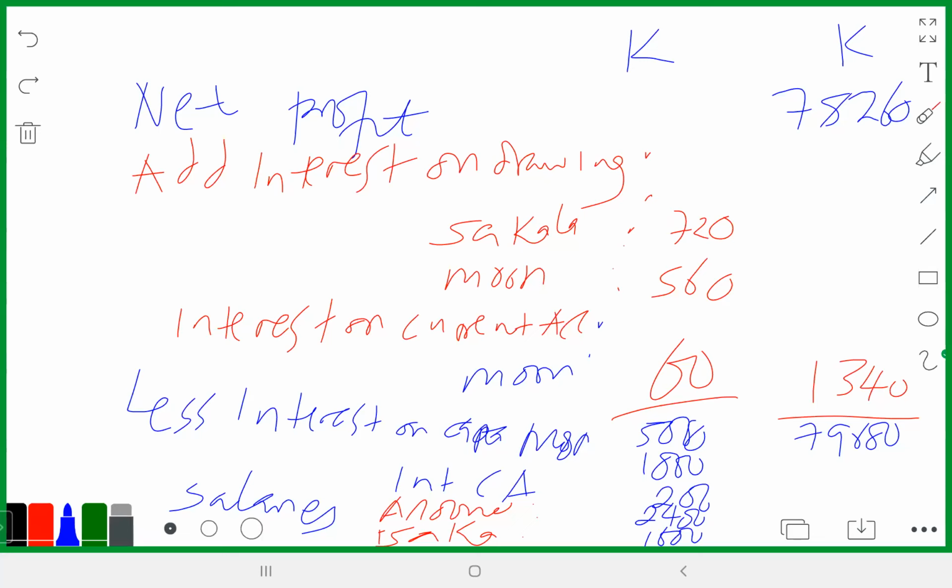Interest on capital has been removed. Interest on current account for Sakala has been removed too. And once you remove all the deductions that you're supposed to, then you can add all the figures to find only one value.